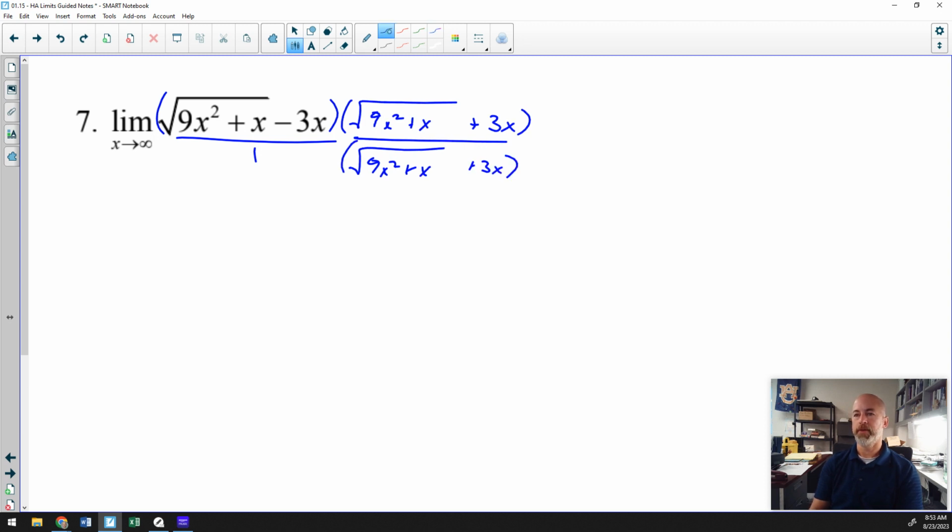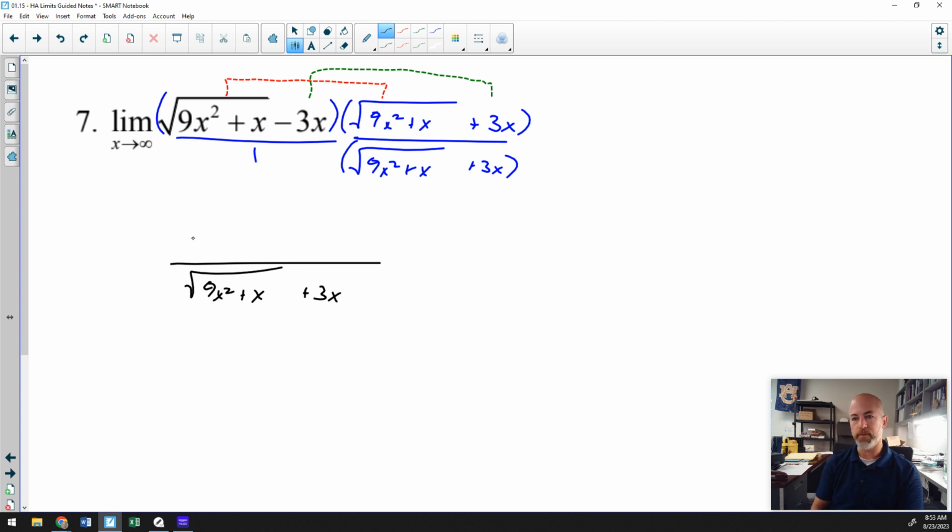And well, the denominator is going to be easy because that's just 1 times a bunch of stuff. So that's going to be the square root of 9x squared plus x plus 3x. And then in the numerator, we have to expand these conjugates. And the beauty of conjugates, we only have to do first times first minus last times last. Root 9x squared plus x times root 9x squared plus x is 9x squared plus x.